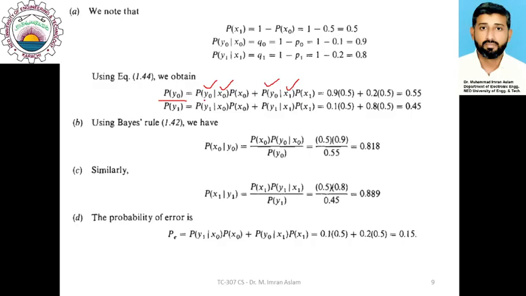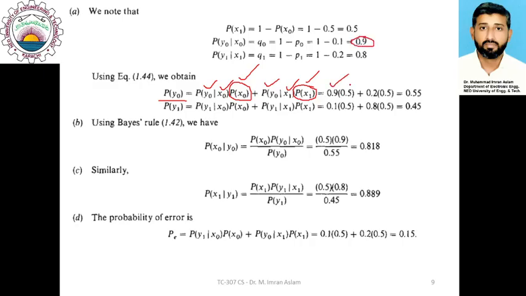received 0 because of the error occurring in the transmission. So you can see that there are two possibilities, and as the total probability law says, you have to make a weighted average by multiplying with individual probabilities. So I have multiplied with the individual probabilities of x0 and x1. The probability of y0 given x0 is 0.9, as we have previously discussed.